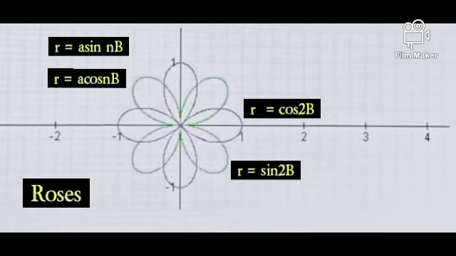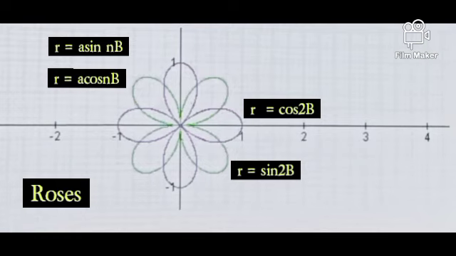And the roses have the same appearance, except that in the particular examples, the graph of the polar equation r equals sine 2b can be obtained from the graph of the polar equation r equals cosine 2b by rotating it 45 degrees counterclockwise or clockwise, and the result is the rose, that is the graph of r equals sine 2b.